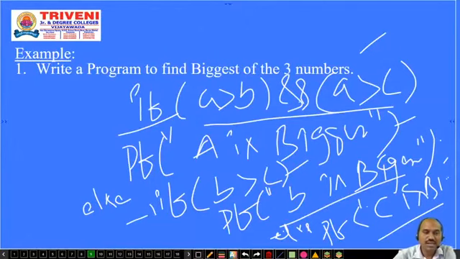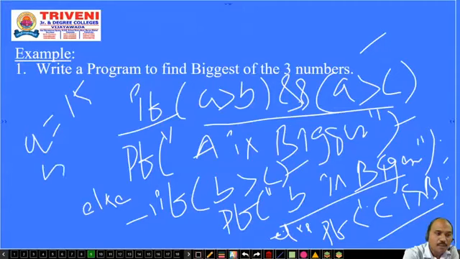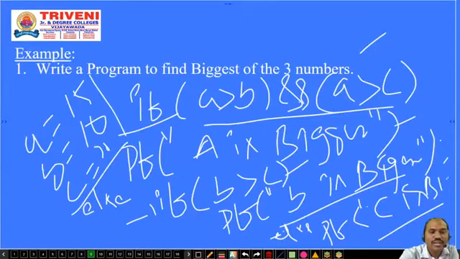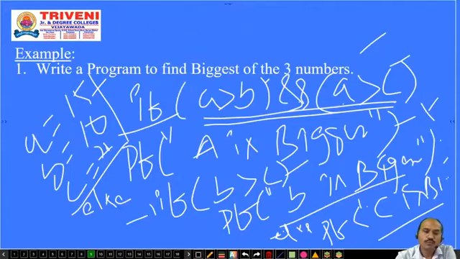What is the bigger value? For example, A is 15, B is 10 and C is 20. Going to A greater than B, it is not satisfied. A greater than C is also not satisfied because the C value is 20. So that is a false statement.